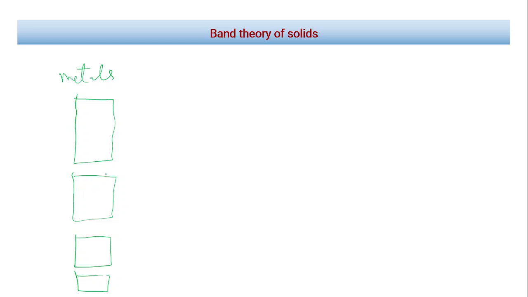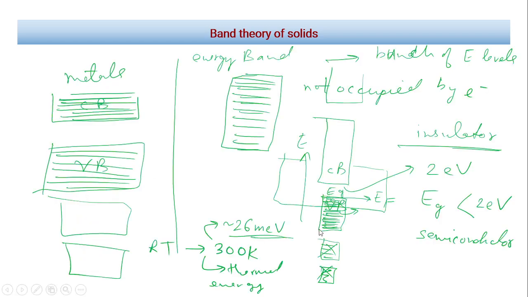So in the case of metals, all these may be filled, and this one is also half filled. In the earlier case the occupied level was till here, so electrons need to overcome this energy band gap for conduction.